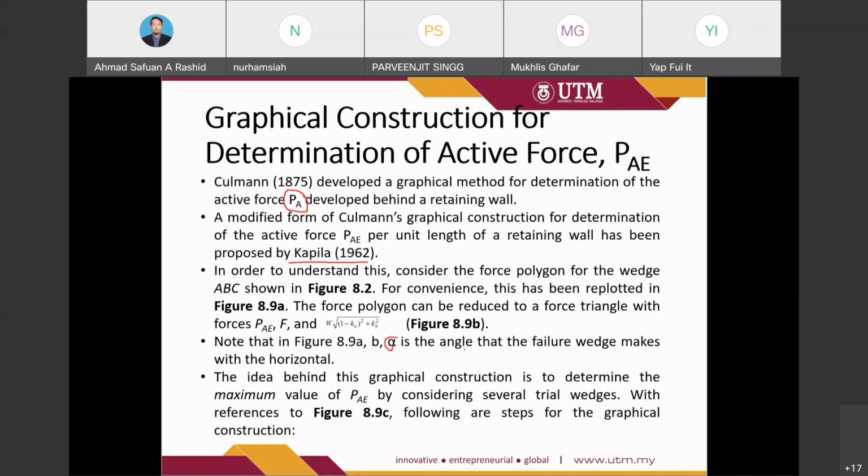So the idea behind the graphical construction is to determine the maximum value of PAE by considering several trial wedges. With reference to figure 8.9c, follow these steps for the graphical construction.